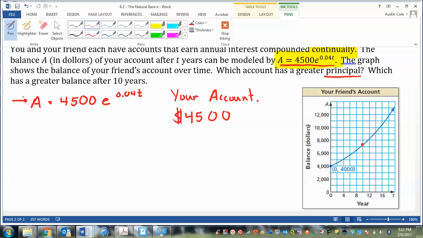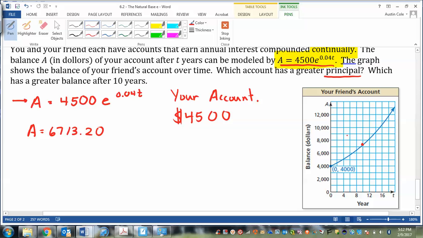As you can see, if you type that in and go to our table at 0, we have $4,500 like we're supposed to. And if I go to year 10, it looks like I have $6,713.20 in your account. Well, if I look at your friend, it appears that he has over $7,000.